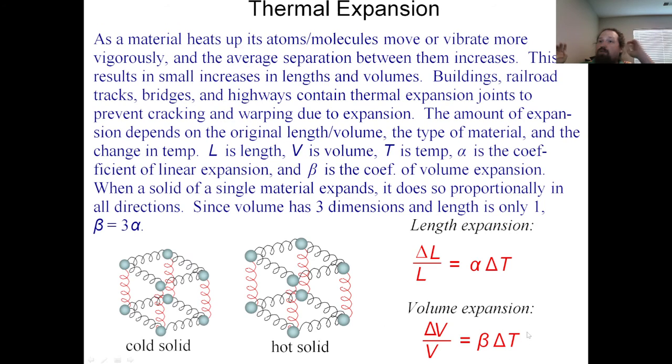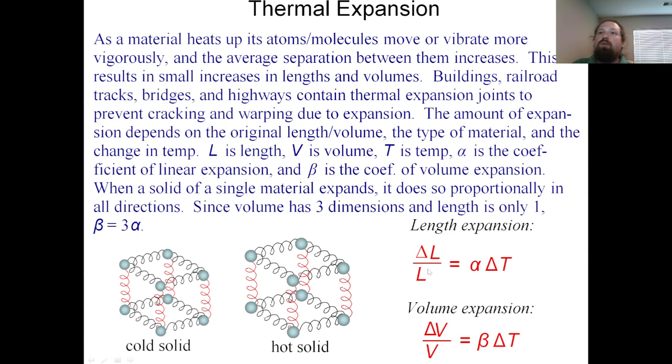There's two slightly different versions because the numbers do change, but it's still basically the same formula. We're going to look at the length one primarily today, but the volume one will work exactly the same way. The logic we talk about for the length formula today will work for the volume formula when it comes up later. So let's just look at the length expansion formula right here.